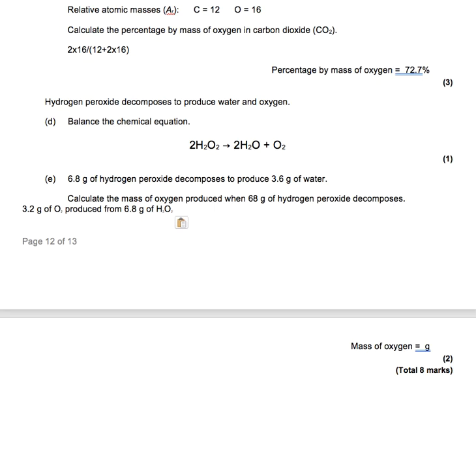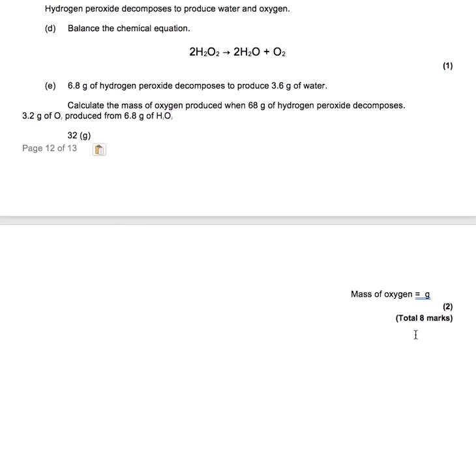And so if you've got 68 grams, you'll have 10 times as much. So you'll have 32 grams of oxygen. And that's the end of the review.